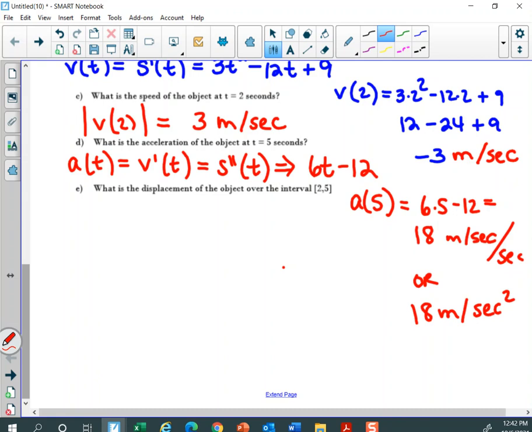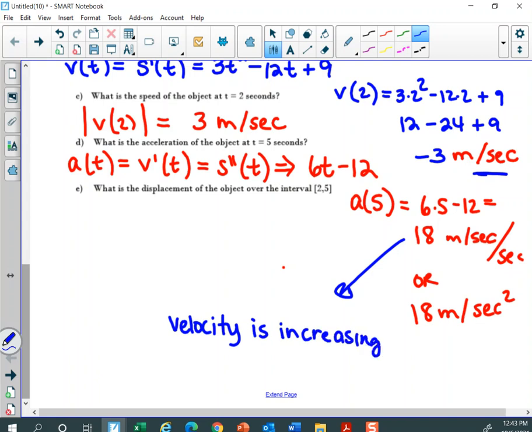We're looking at how the velocity value is changing with respect to time. Velocity values are in meters per second. So this 18 means meters per second squared. That means my velocity is definitely increasing at t equals 5 seconds.